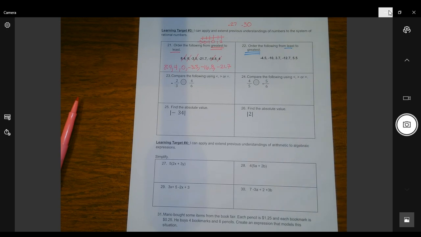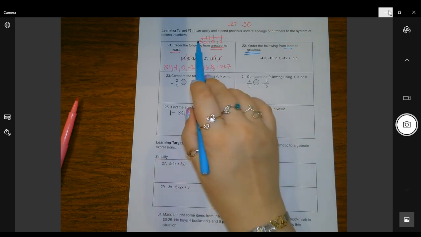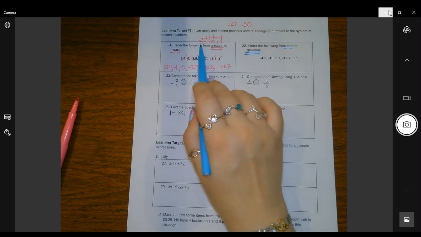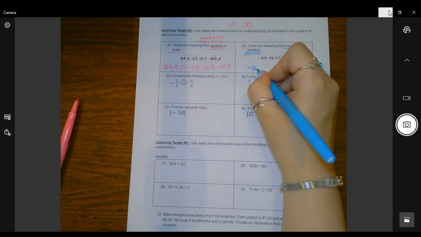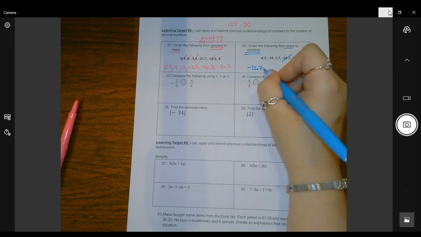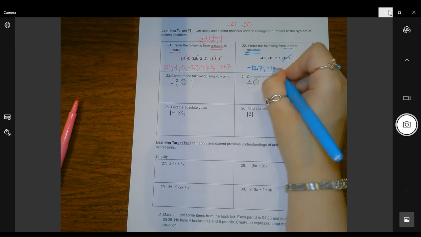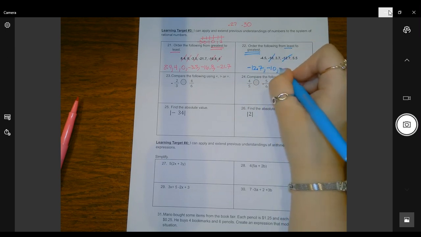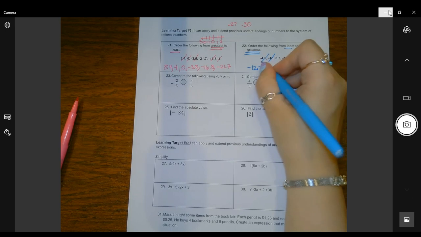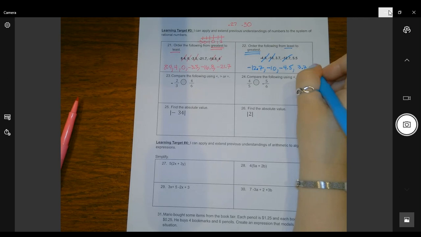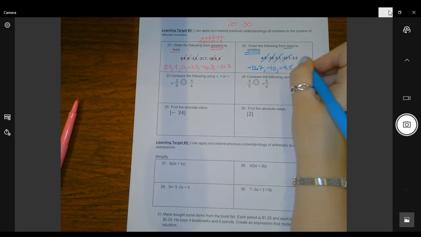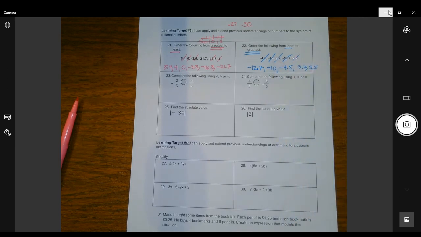Looking at the negatives, from this way to this way, I want the biggest negative. The biggest negative I see is -12.7. Then it would be -10. Then -4.5. Then 3.7. And then 5.5 finally is the biggest of them all.